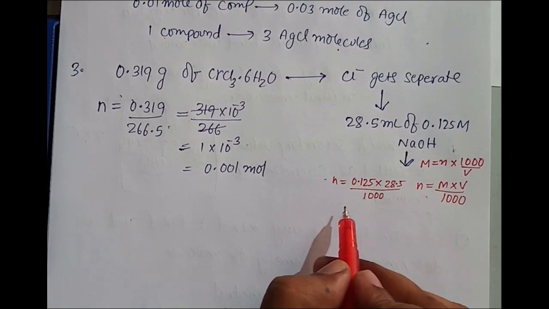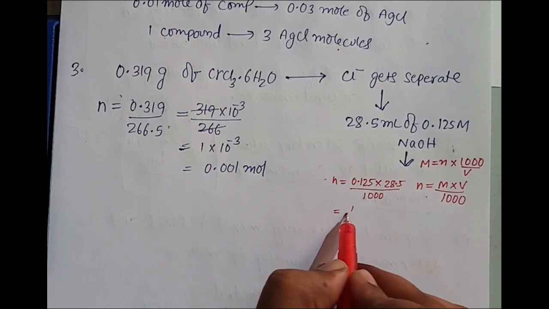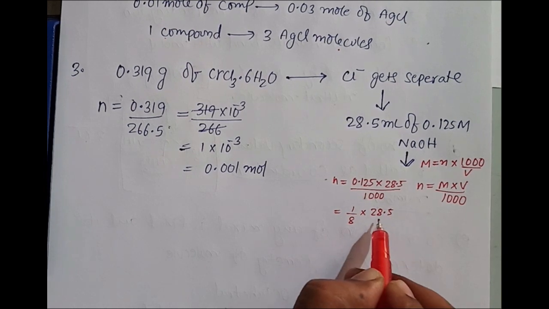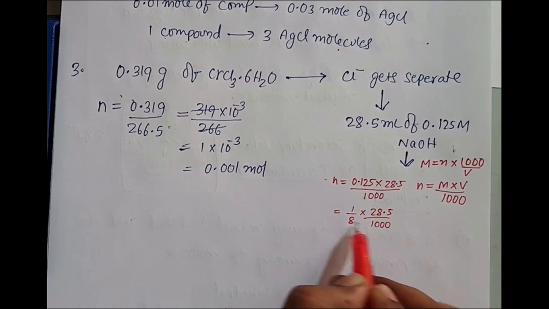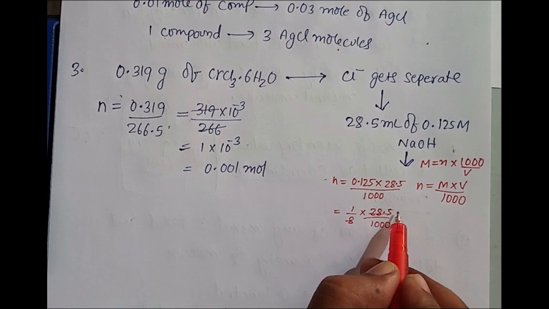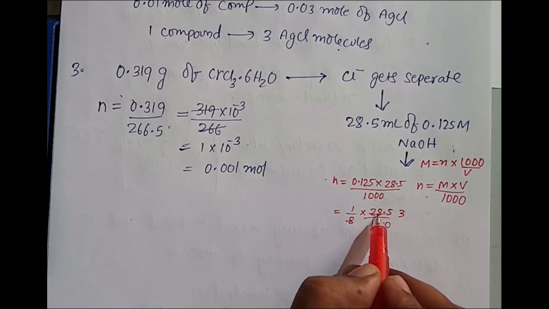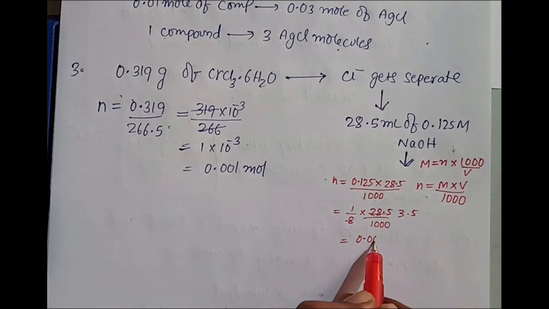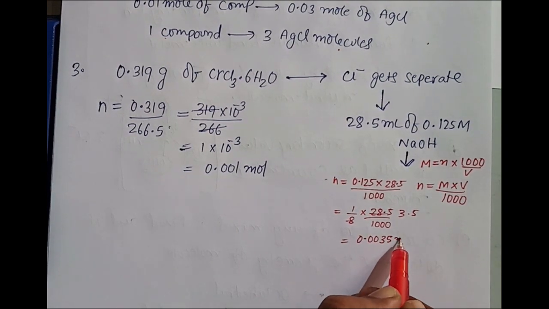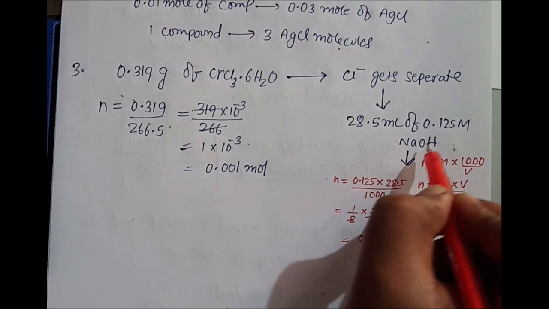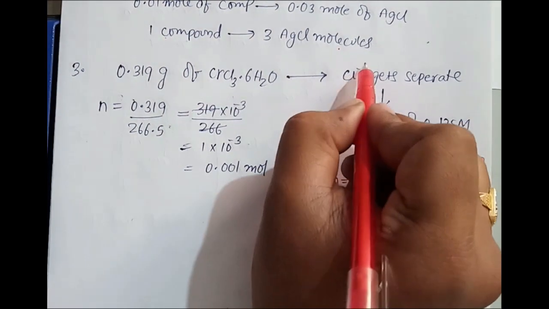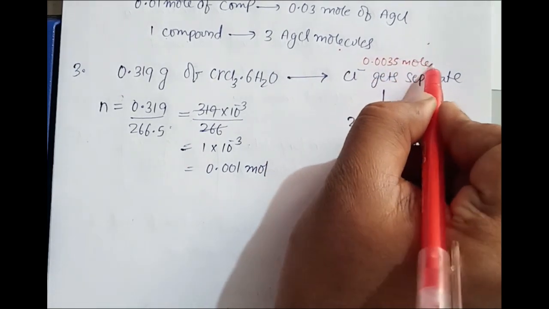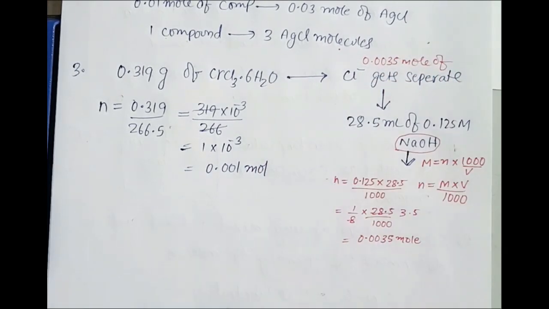Now I have to solve without calculator. I can write this as 1 by 8 into 28.5 divided by 1000. So 8 threes are 24, 4 carry 3.5, which means 0.0035 moles of NaOH is needed, which means 0.0035 mole of Cl minus is getting separated.